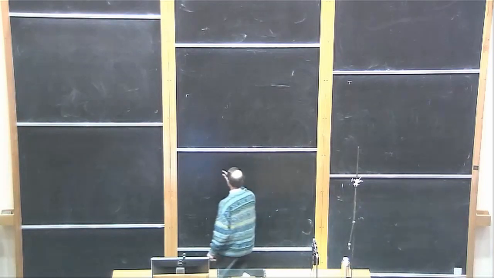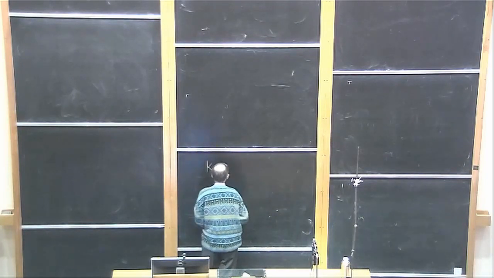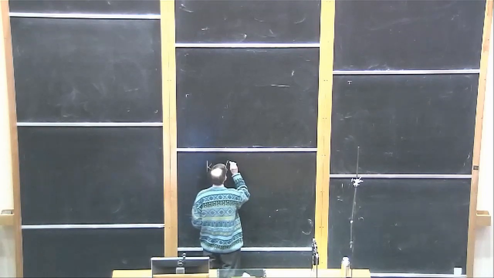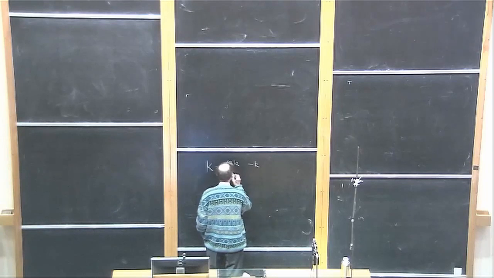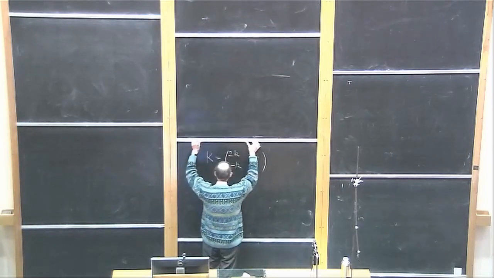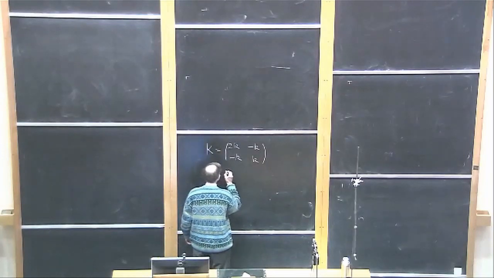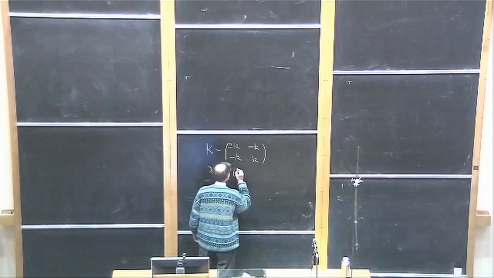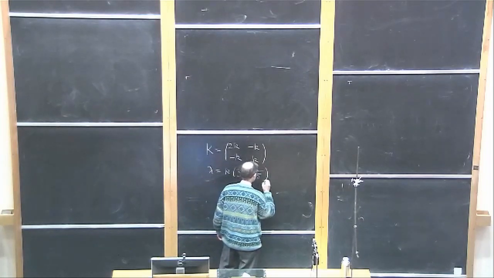And the K-matrix for that problem we just found last week was 2k, minus k, minus k, k. And the eigenvalues were k times 3 plus or minus the square root of 5.